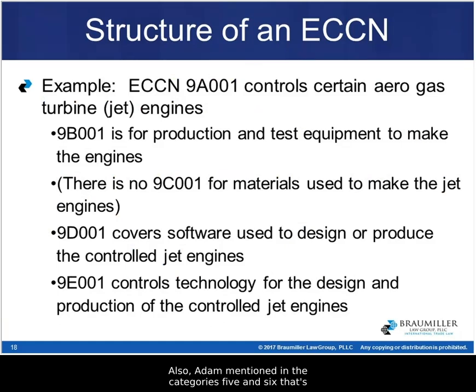Also, Adam mentioned in categories 5 and 6, that's where you have the old ITAR or the old U.S. munitions list. So those also are tightly controlled, but just as a rule of thumb, the lower those 3 digits are, the stronger the control.